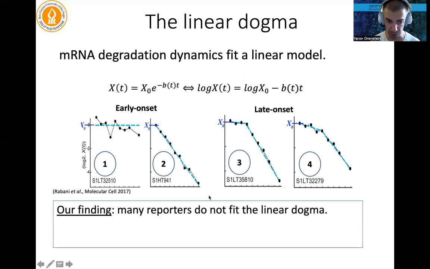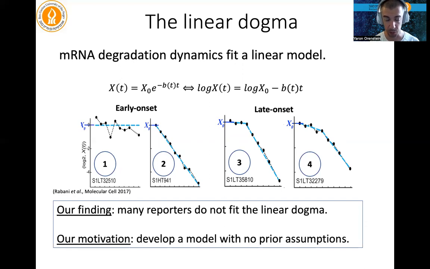But we found, and I don't have to go over it today, that many reporters do not fit this linear model. Our motivation was to develop a model that doesn't assume any linear degradation. I usually say, let the data tell the story, meaning we want to learn from the data what the degradation dynamics of each mRNA are.